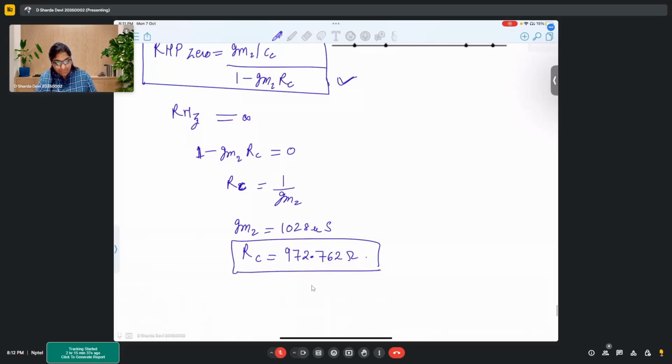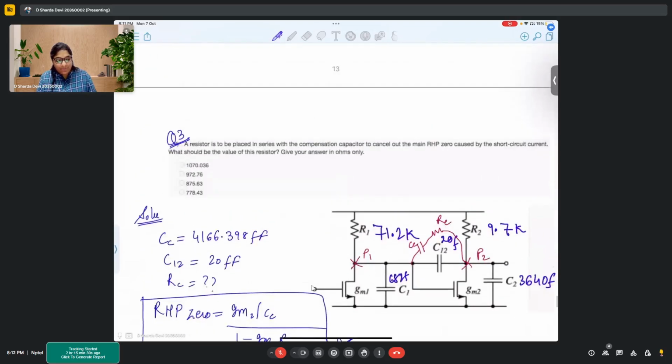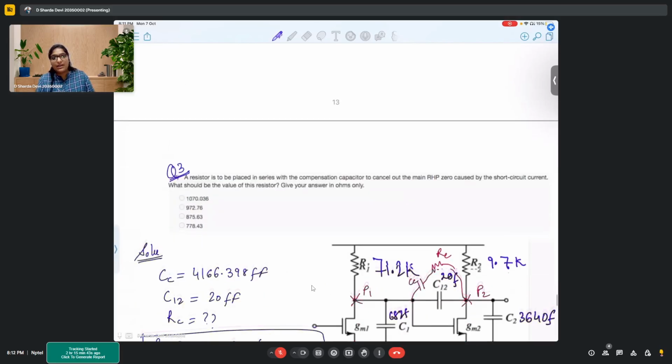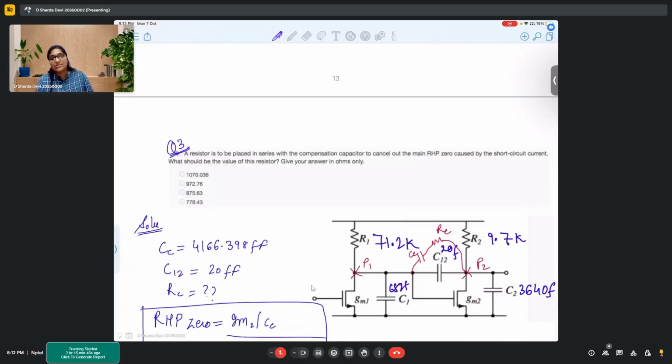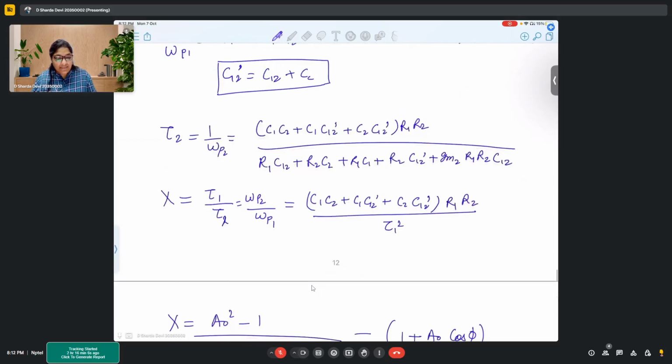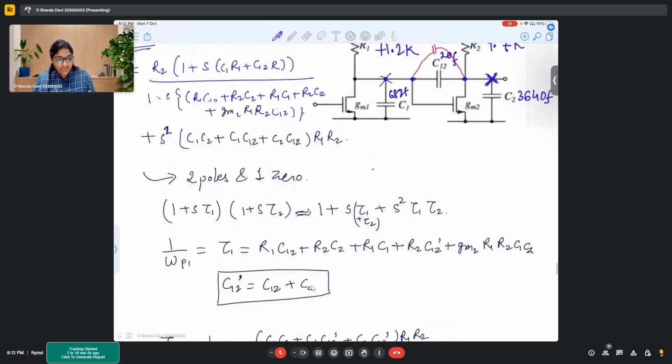So these are a few problems based on how we deal with phase margin and how a compensation capacitor in series with a resistor is used to improve the stability of the system and handle the zeros, as we have done in the last problem. In this problem, the compensation capacitor basically introduces a zero.